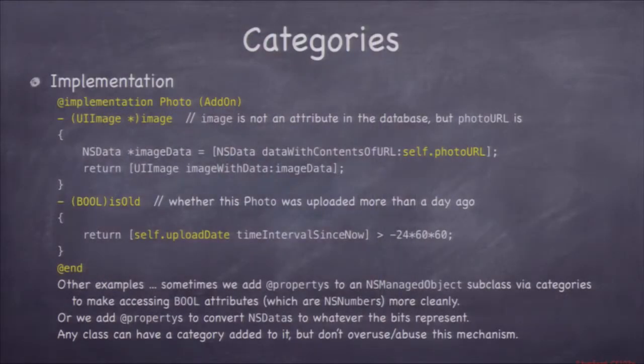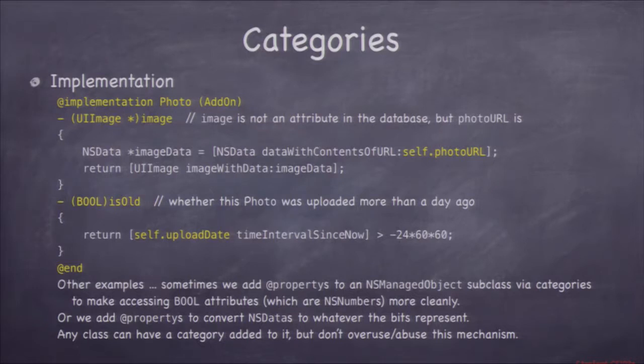So here's the @implementation of Photo's add-on category. So I'm adding these two methods to the Photo class, which is that thing we generated in Xcode. Image, you see, it just uses self.photoURL. Self is the photo because these methods are being added to the Photo class. Okay, so self is a photo. .photoURL gets that attribute, gets that data.